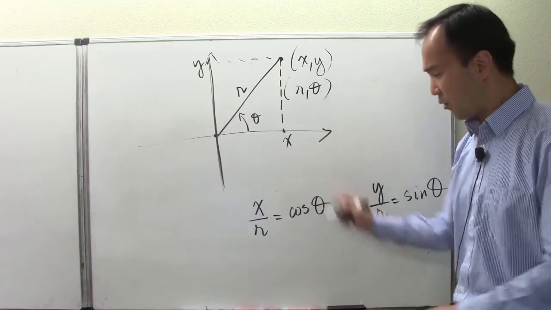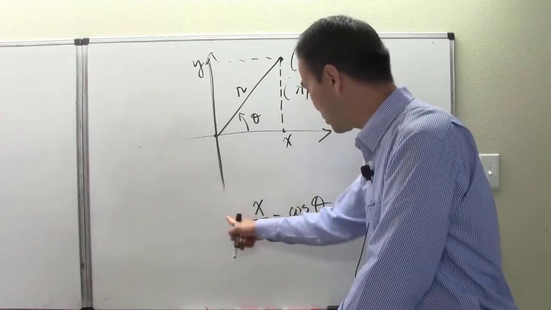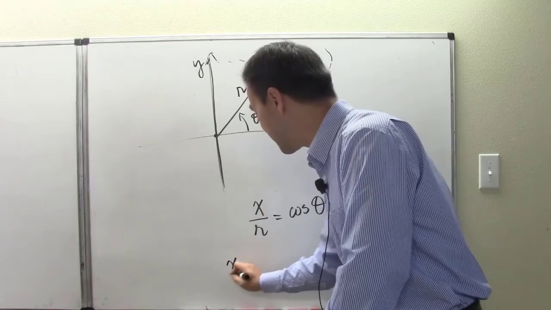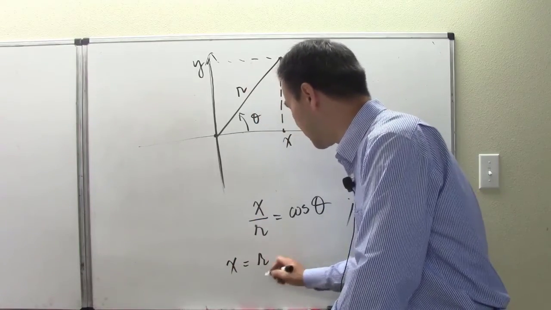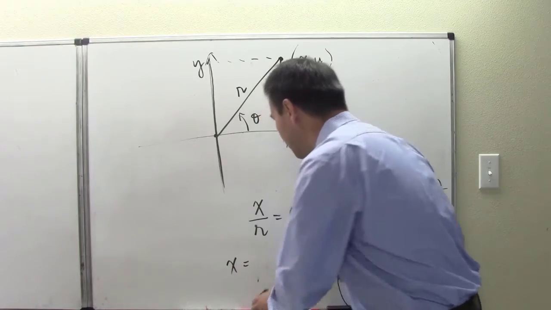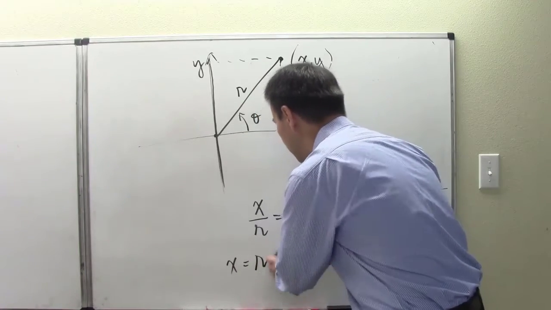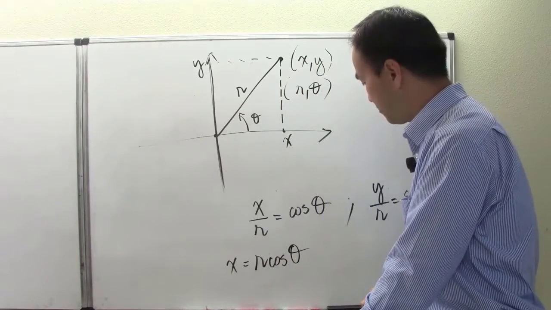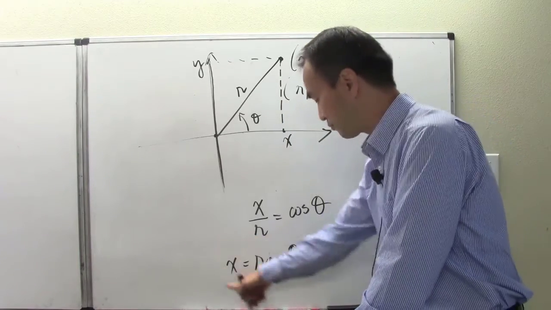So we knew both of these from our past understanding in trigonometry. And so now from that, we can multiply r on both sides of this equation. That leaves me x equals r times cosine theta. Okay, but what good is this doing for us?